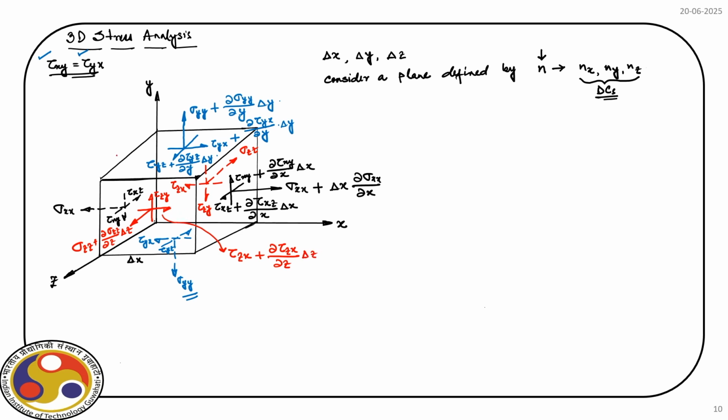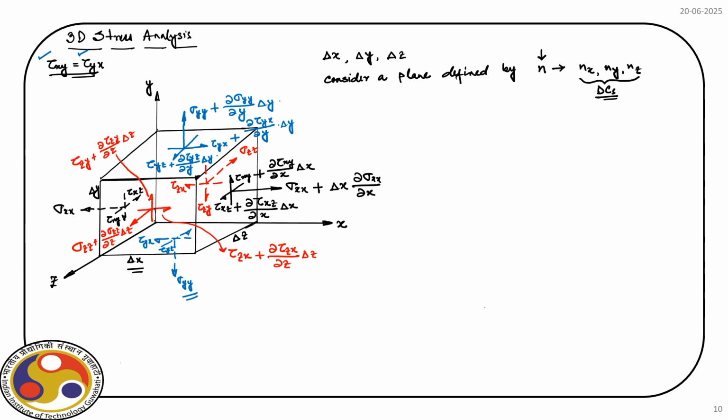So, for this one, the component is tau z y plus variation of tau z y over z axis times delta z. Okay. So, now we have the complete stress field where we have considered the variation also. Now, let us mark the sides. So, this is delta x, this is delta z, and this one is delta y, right.